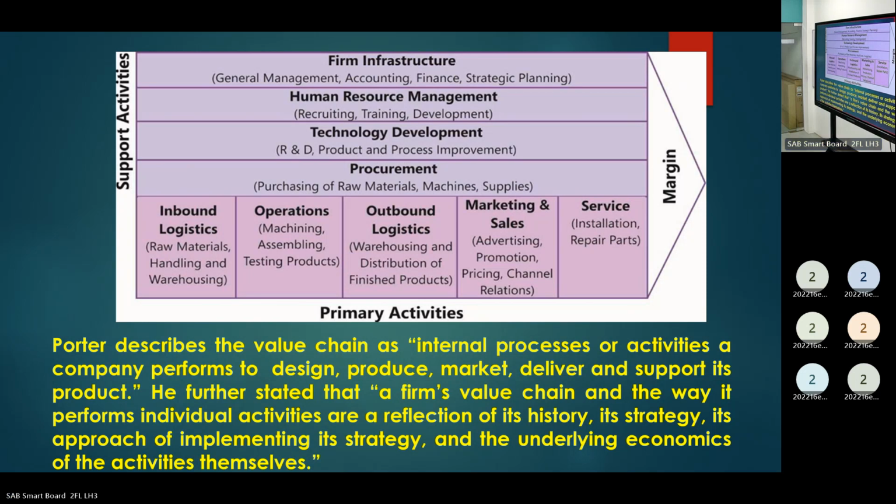Primary activities are inbound logistics, operations, outbound logistics, marketing and sales, and services. Inbound logistics is raw material handling and warehousing. You are receiving raw material to the business, for a manufacturing business, and you keep it in your stores. That part is inbound logistics.